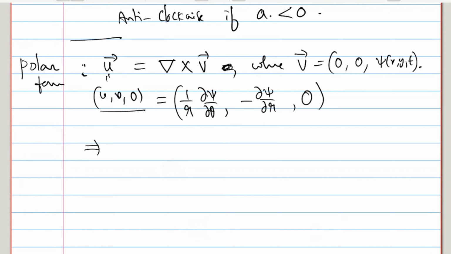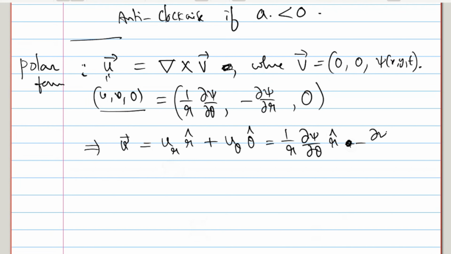So u bar in polar coordinates is u r, the r component, into r cap plus u theta, the theta component, into theta cap. That is 1 by r dou psi by dou theta into r cap plus u theta, given as minus dou psi by dou r into theta cap. This is how you have to write it in polar coordinates.